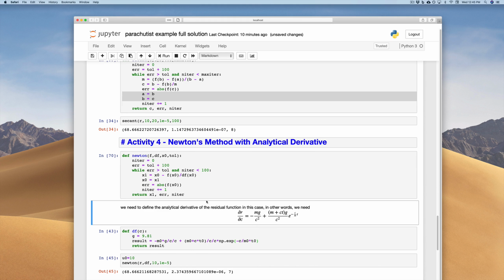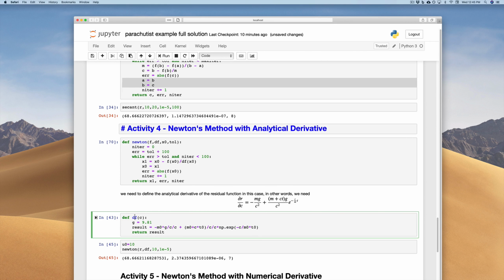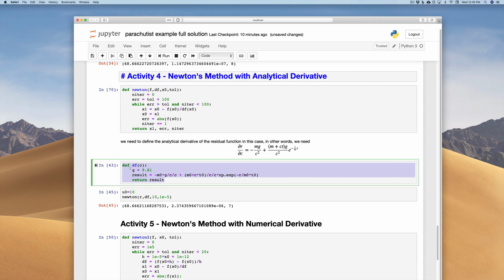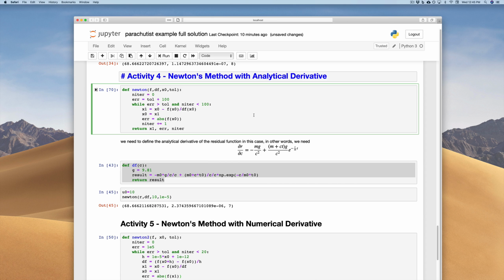To program the derivative so that we can pass it to the Newton method, we simply define another function called df, for the derivative df by dc. Note that we're differentiating with respect to the only unknown here, which is c, because we're trying to find the root: the c that makes the residual function equal to 0, given m, g, t, and u.